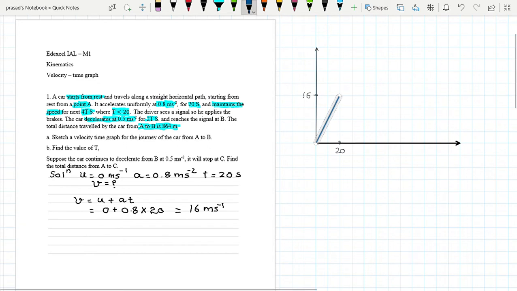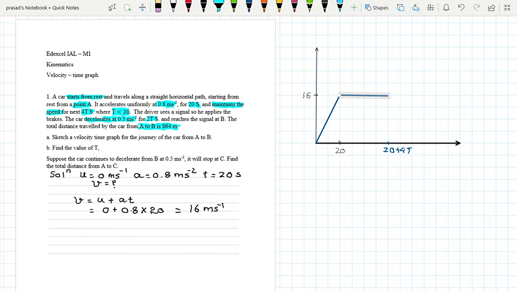Then this velocity the car is maintaining for the next 40 seconds. So this will be 20 plus 40. So the car is going to maintain this velocity up till here, from here to here.